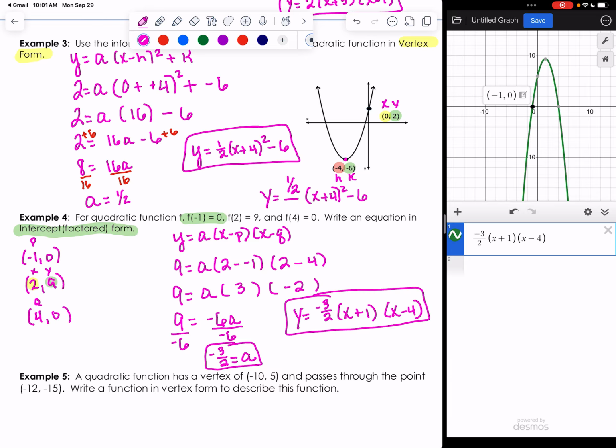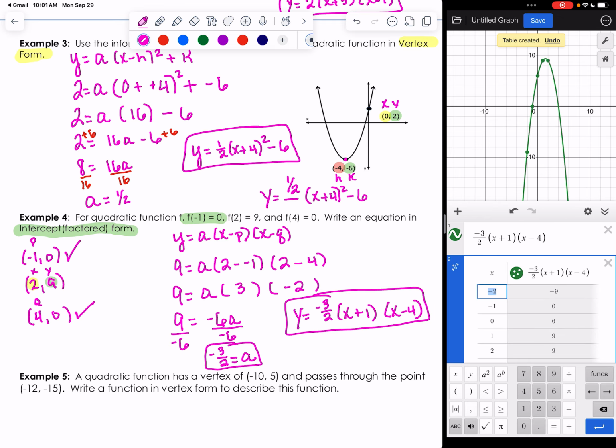The first one is at -1, check. The second point is at 4, check. And let's bring up a table. We can see that when the x value is 2, the y value is 9. So that checks out also.